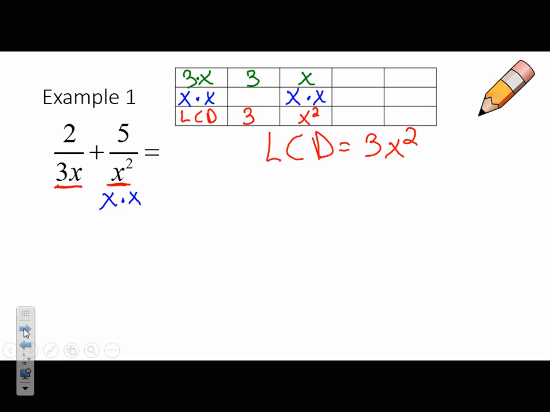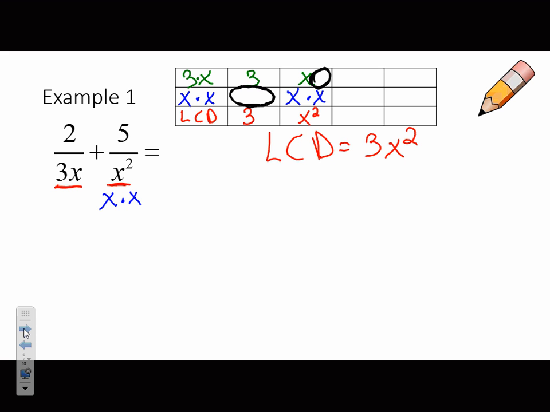Next thing we have to do, remember, if we're multiplying things onto the bottom, we also have to multiply them on the top. So I'm going to go through this, and everywhere there's a hole, I'm going to have to multiply that toward the top. If we look at this, I'm missing an x here. That's what I'm missing. In my blue one, my second fraction, I'm missing a 3.